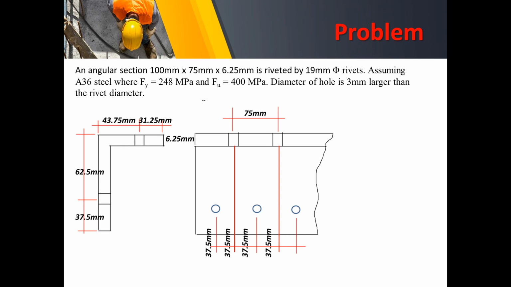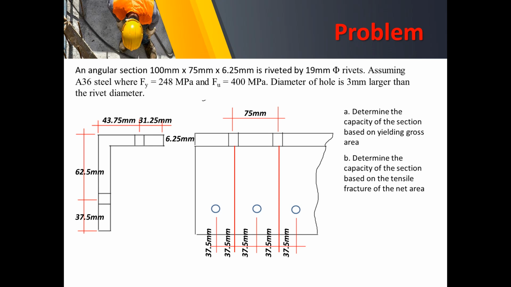Of course, half of 75 is 37.5 millimeters. So our task is to determine, letter A, the tensile capacity based on the yielding of gross area. Letter B, determine the capacity of the section based on the tensile fracture of the net area. And letter C, determine the capacity of the section based on the block shear failure.